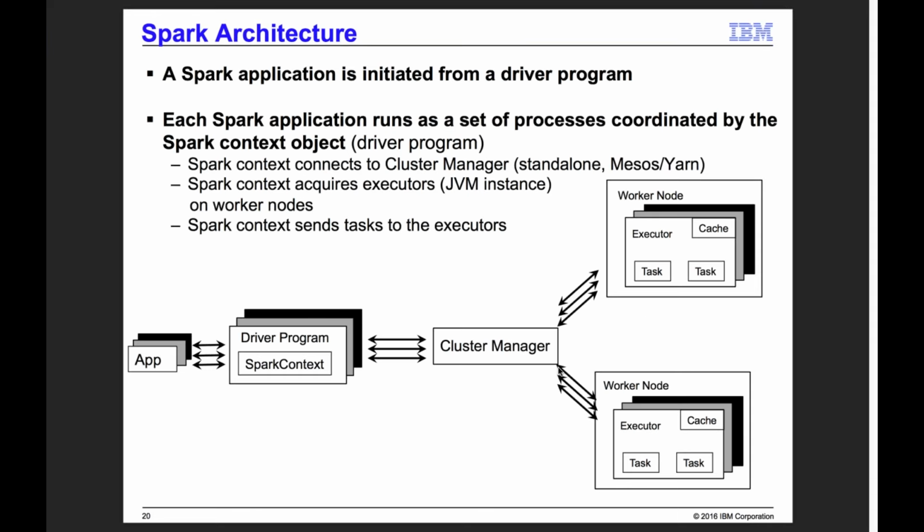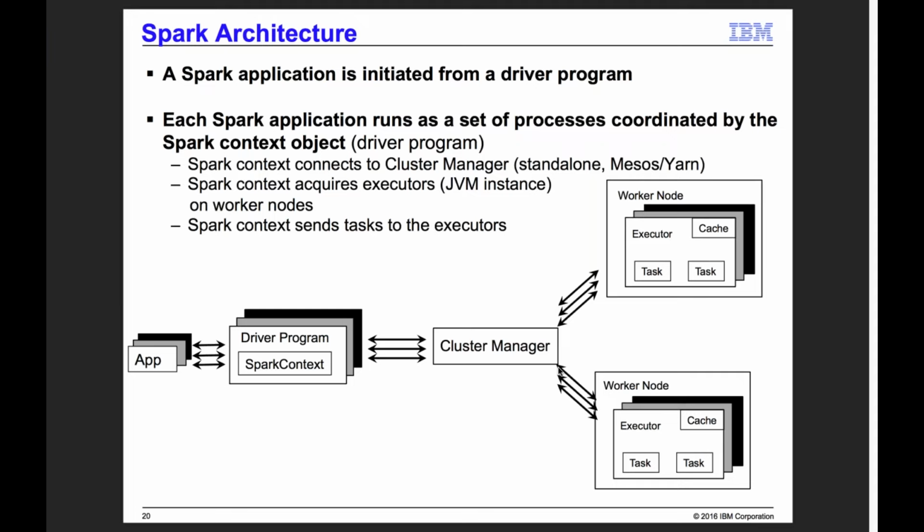If you look at what Spark does, a Spark application is initiated from a driver program, and each Spark application runs as a set of processes coordinated by the Spark context object, which is in the driver program. The Spark context connects to the cluster manager. That's the first step it does. The cluster manager can be standalone, Mesos, or Yarn.